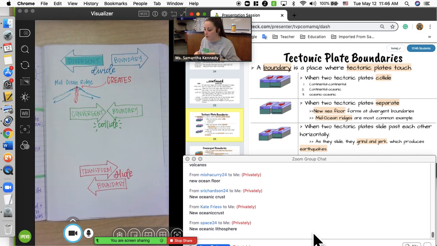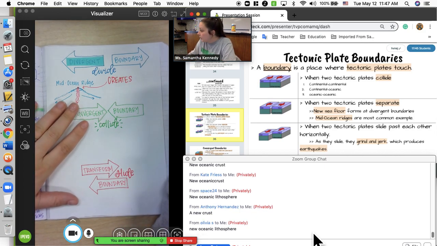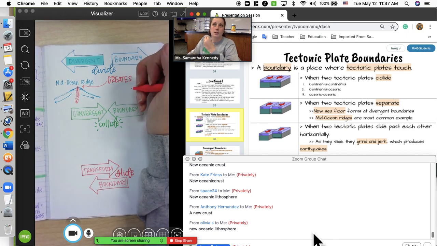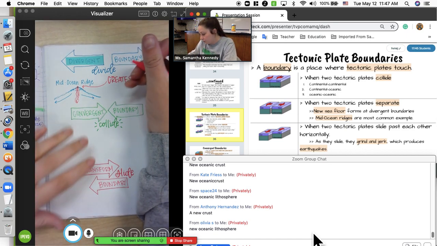Couple different ways to say it. That magma, when it solidifies, is going to create new crust, new oceanic lithosphere, or new sea floor. Okay? I am going to put new sea floor because that is the most common description that will be used.